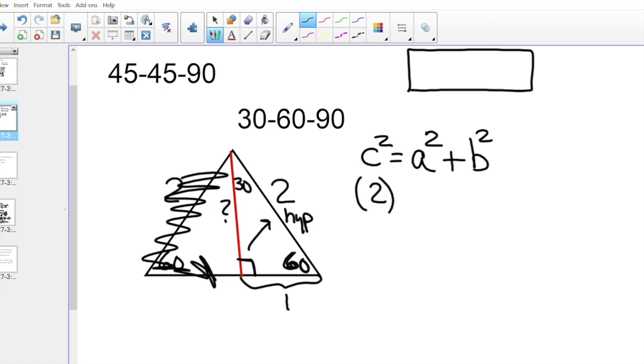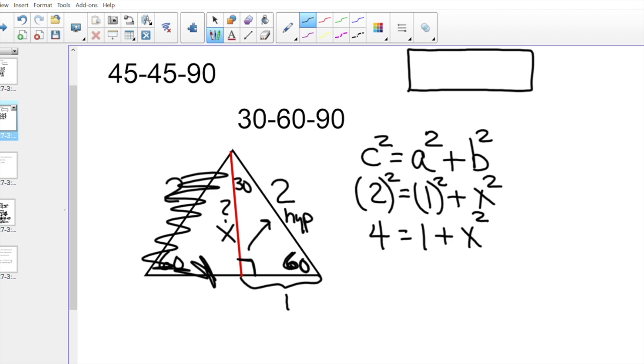Replace it and square it. A is one of the legs, and that is the measure of 1. B is the measure of the other leg, but we don't know that length, so we replace it with x and square. Now square your values. That's 4 is equal to 1 plus x squared.